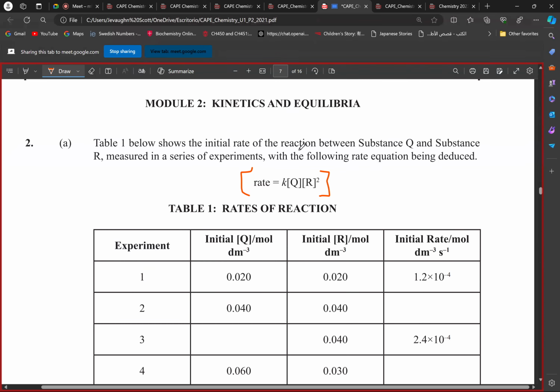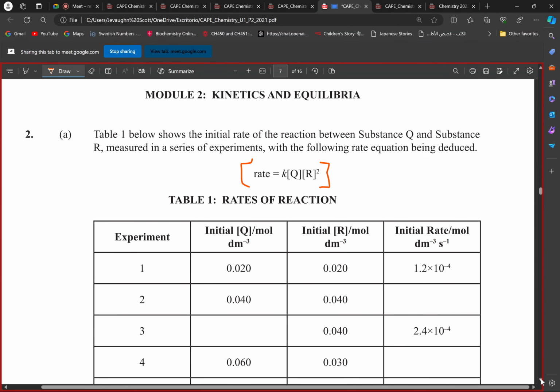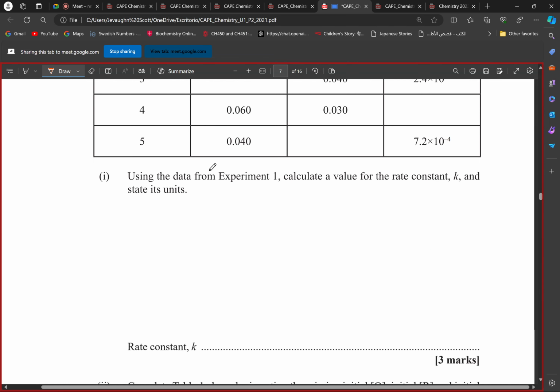The first substance Q is first order, and the second substance R is second order. Lovely. And what is the overall order of the reaction? Third order. Lovely.